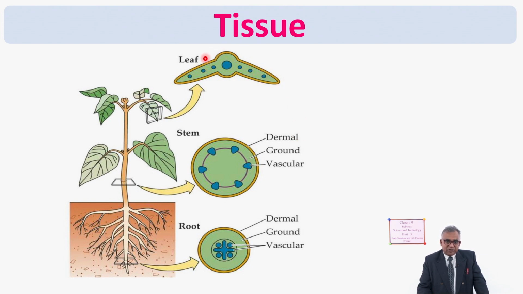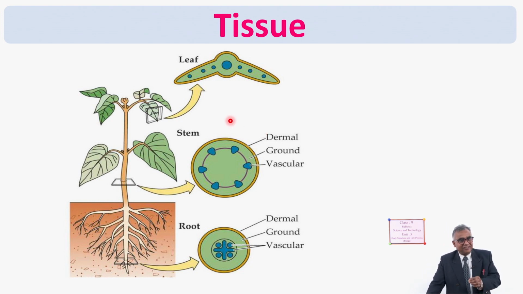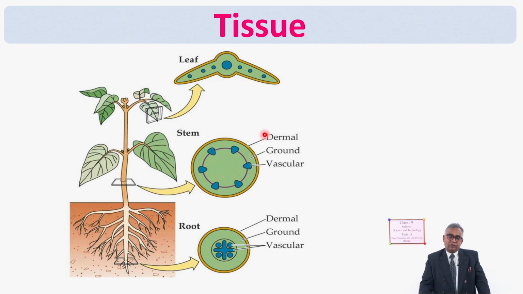The outermost layer here, this yellow layer, that is what? Just dermal, which we called epidermis. Yes, and then they are conducting tissues. Conducting tissues, xylem and phloem, are combinedly called vascular bundles, and they are also synonymous with vascular tissue.